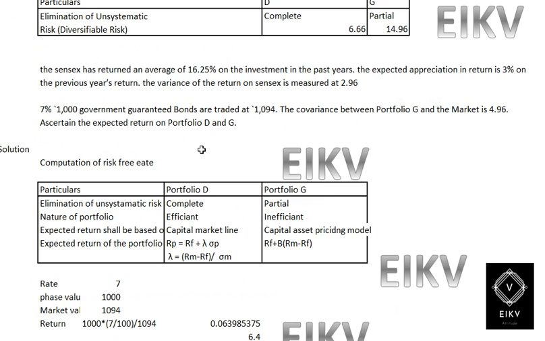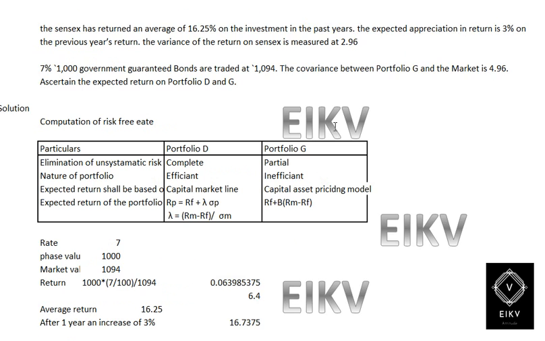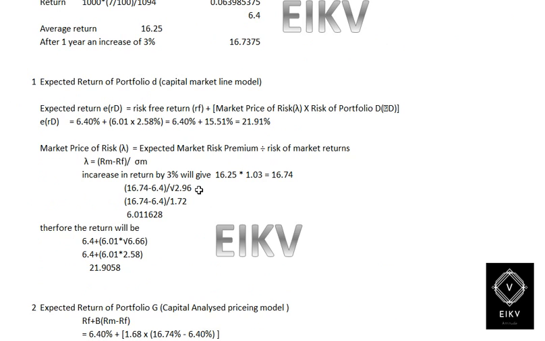I will show you where it is. It has been given over here as 2.96. The variance of the return on Sensex is measured as 2.96. So the root of 2.96 would be taken, and it would be 16.74 minus 6.4 divided by 1.74, which will give you a lambda of 6.01162.